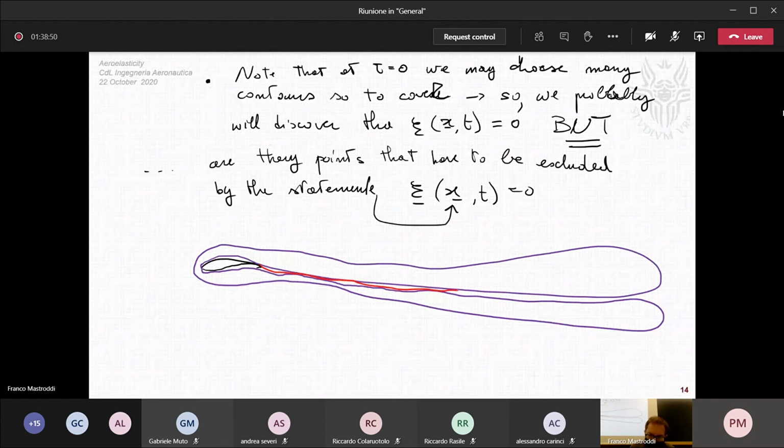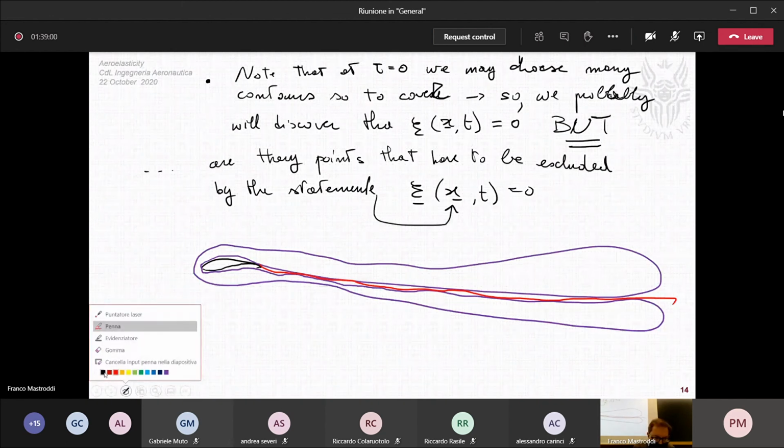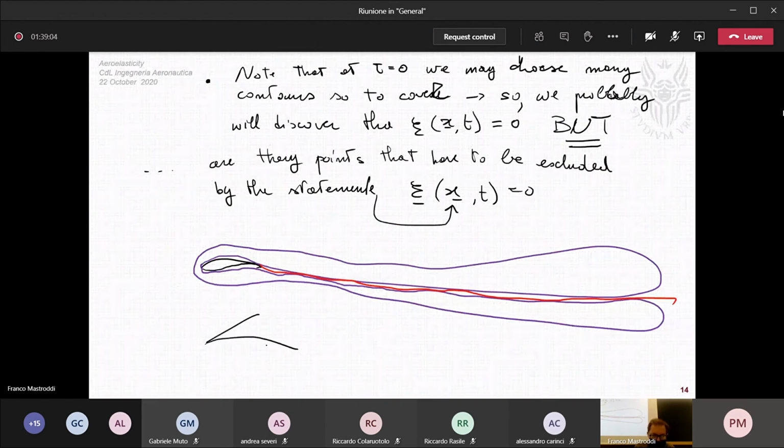In 2D vision. In 3D vision, the point to be excluded should be this here.